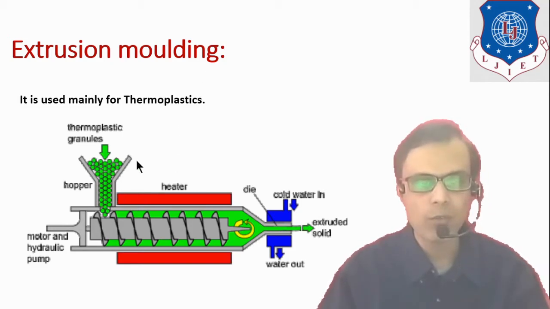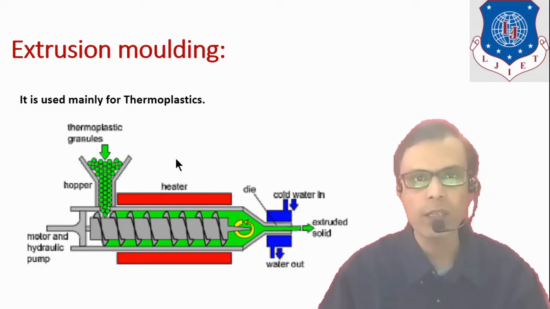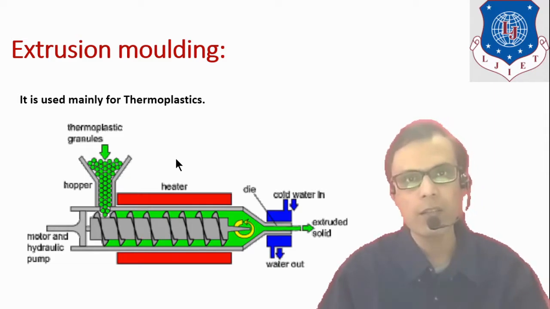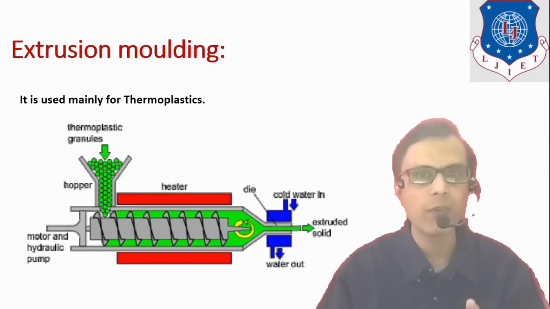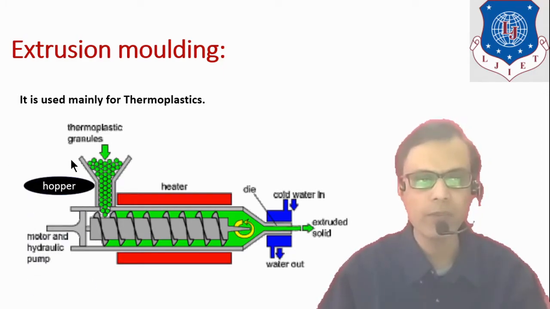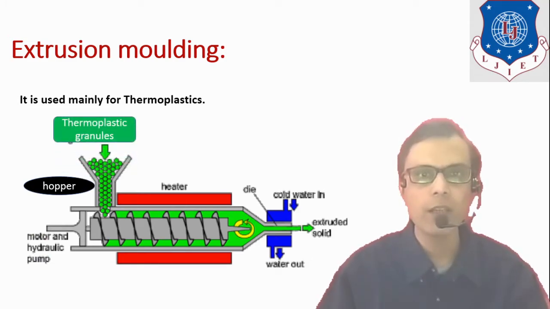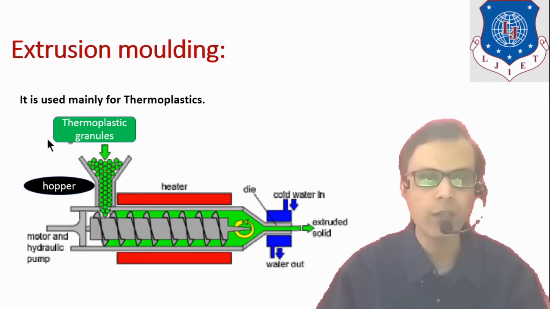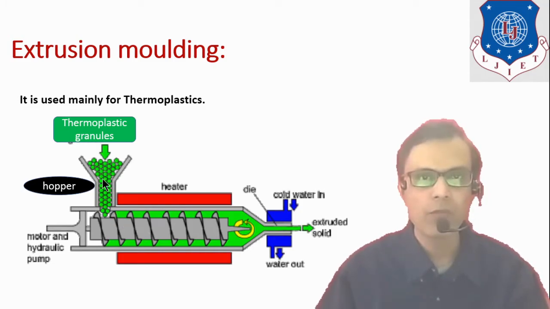The common extruder which is used is shown here. Let's understand the different parts and working of those parts in the extrusion molding machine. So it consists of a hopper through which raw material in the form of thermoplastic granules is supplied to this chamber. You can see the form of the raw material.